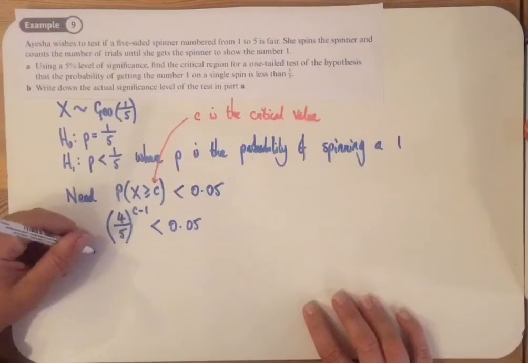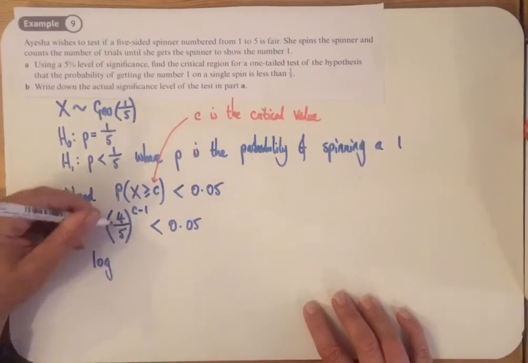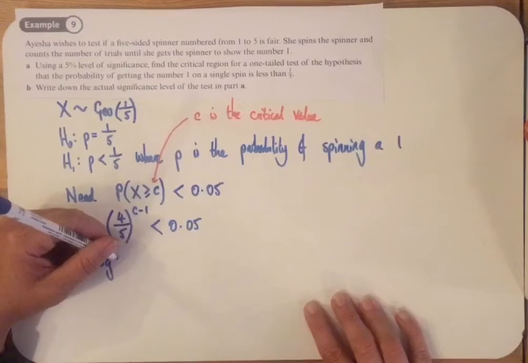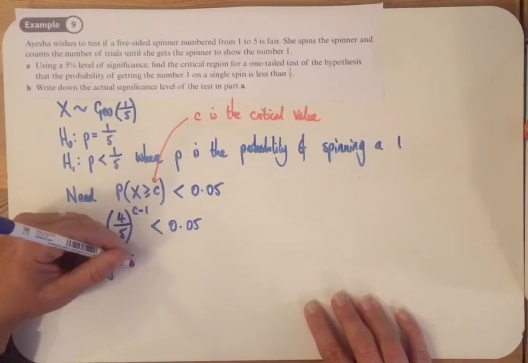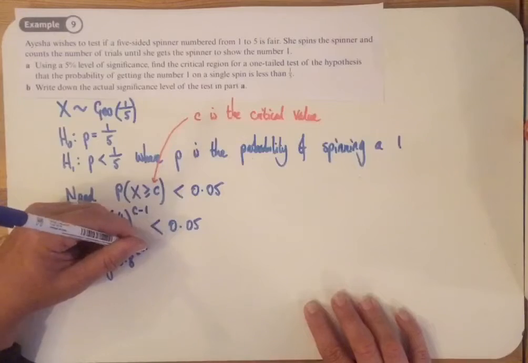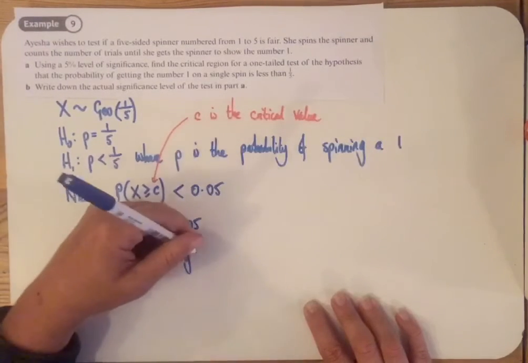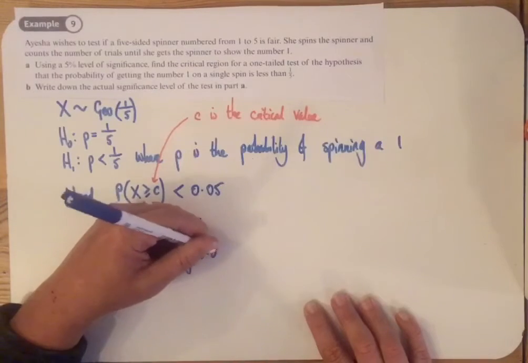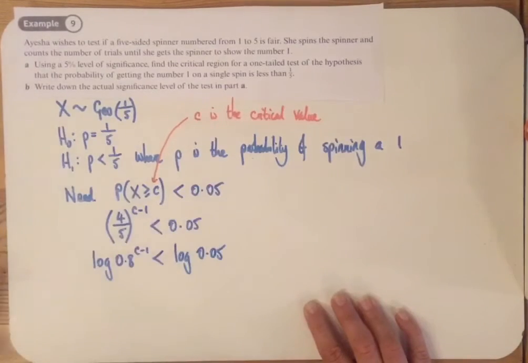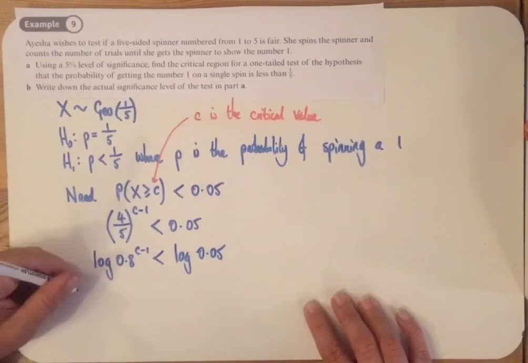So log of 4/5, which is 0.8, to the power of c minus 1 is less than log 0.05. Then I can bring down the power.